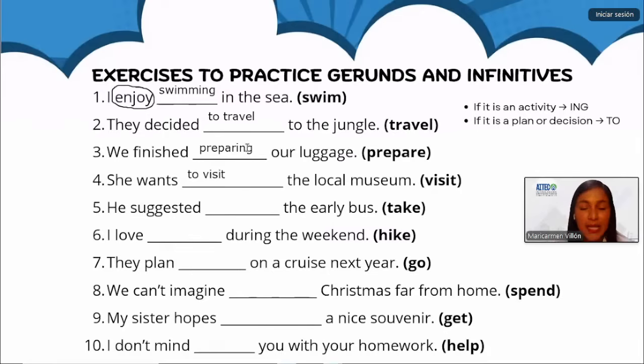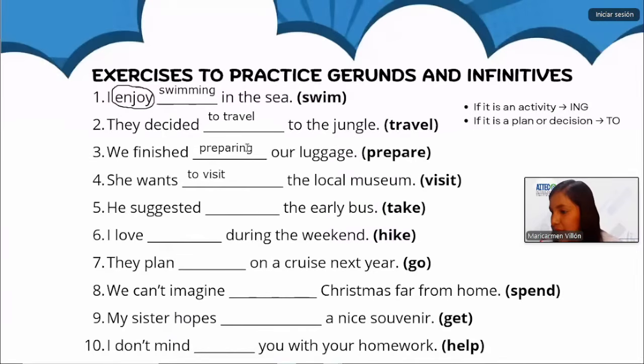Thank you. Vamos con la siguiente, la quinta. Dice, he suggested, desde ahí hay una sugerencia. He suggested the early bus. The early bus. El bus temprano. A ver, los leo. He suggests. A ver, ¿qué dice usted?